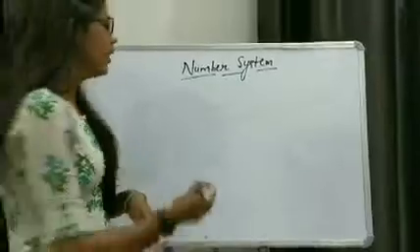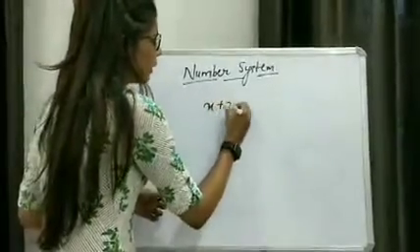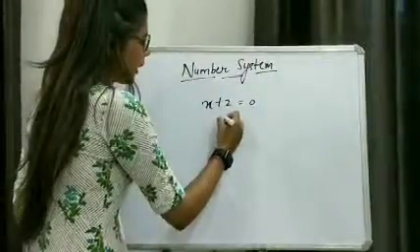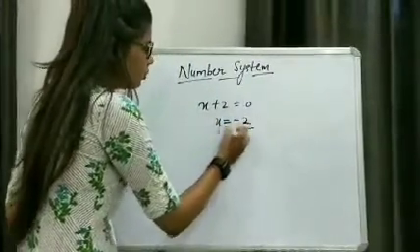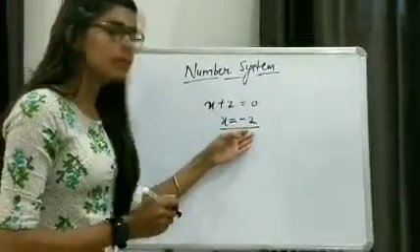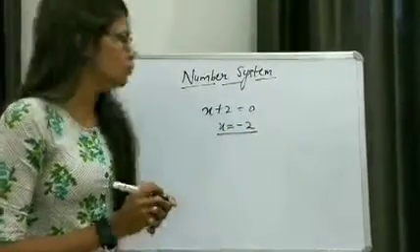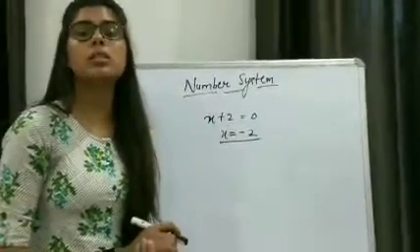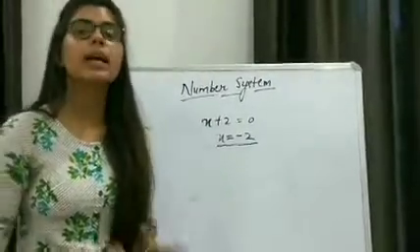Let us suppose that we have to solve these kinds of equations, like when we want to solve x equals -2. But we see that this number doesn't belong to natural numbers or whole numbers, so a new number system is introduced, which is called integers.